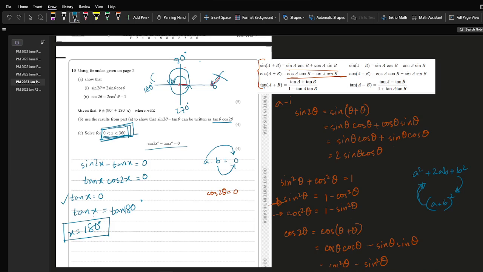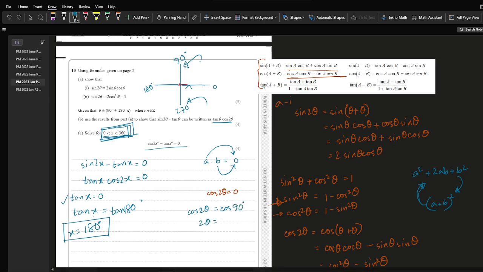Let's look at cos 2 theta. For cos equal to 0, one of the values we get is right here, cos 90 degree, and the other one is right here, 270 degree. So cos 2 theta is equal to cos 90 degree.